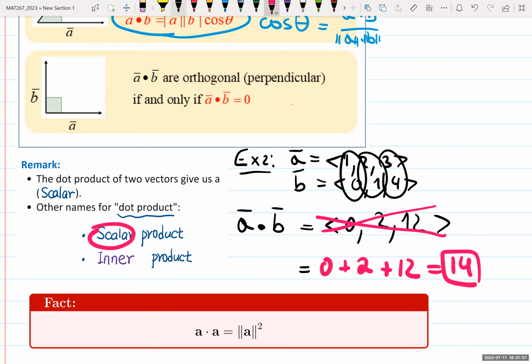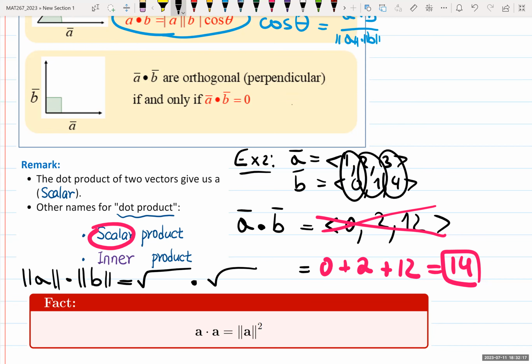That's A dot B. But what is the product of the sizes of A and B? That is a normal product we know from numbers, square root times square root. So that matches the product we know from before.